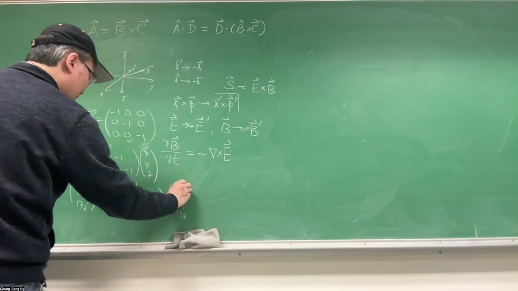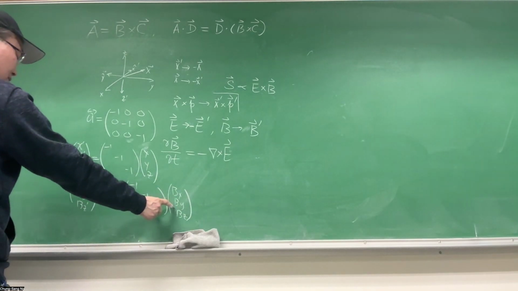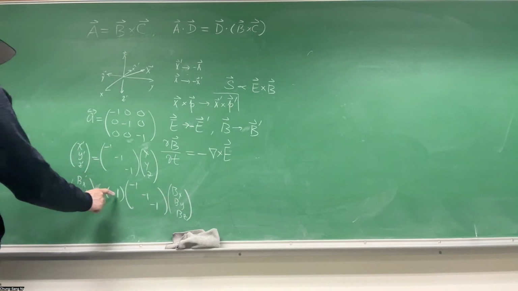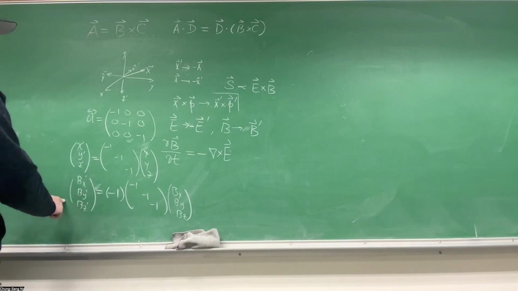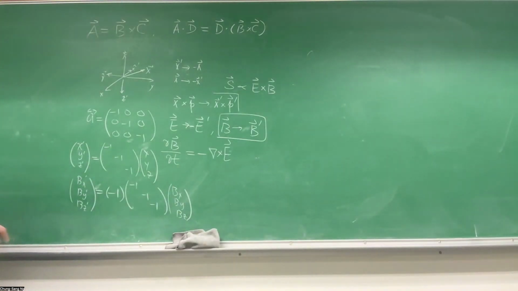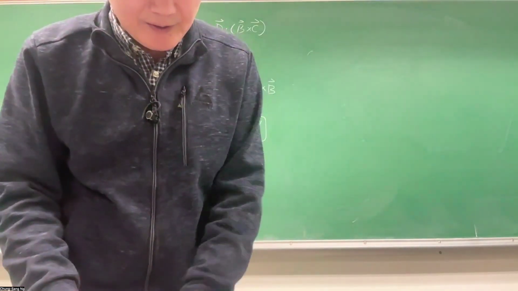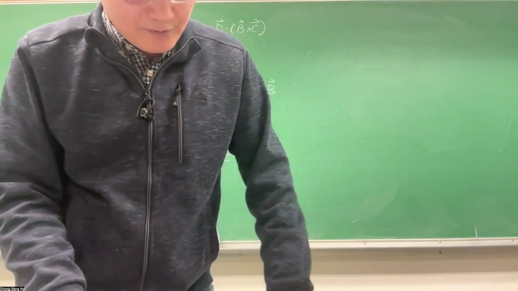If B is a pseudo vector, then this multiplication will give you a minus sign, and then multiplied by another minus sign becomes positive again. So a pseudo vector transforms like that under spatial inversion.